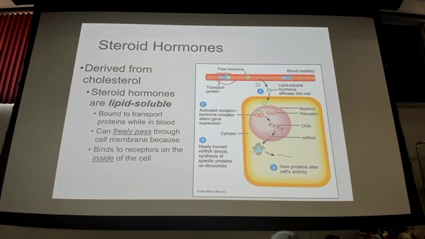So some protein has to carry it around, rendering it temporarily water soluble before it unbinds from that protein and makes its way through the cell membrane into the cell, okay? These can go directly through because they are lipid soluble, and they bind to whatever receptor they need to bind to inside the cell, all right?